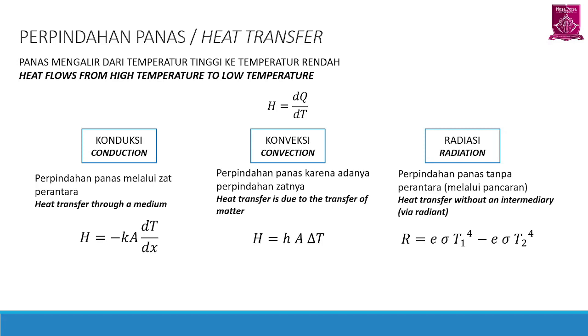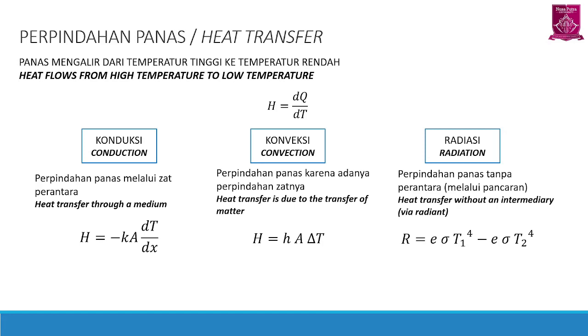Now for heat transfer, we know that heat flows from high temperature to low temperature as long as there is a temperature difference. The heat will always flow from the object with higher temperature to the one with lower temperature.